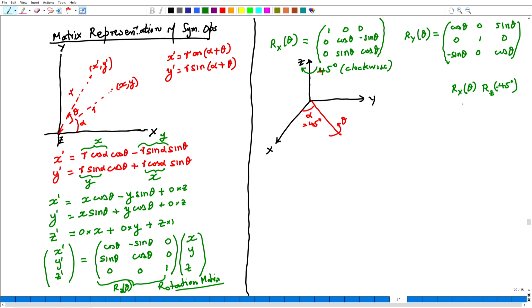So, I have written two matrices, and then I have to bring back the rotation axis to its original position, which means again I do a rotation, but this time around the z axis, a positive 45 degrees, that is counterclockwise, then the axis will come back to its original position, and the matrix thus formed by multiplying the 3 matrices here would be the rotation matrix for this particular axis.